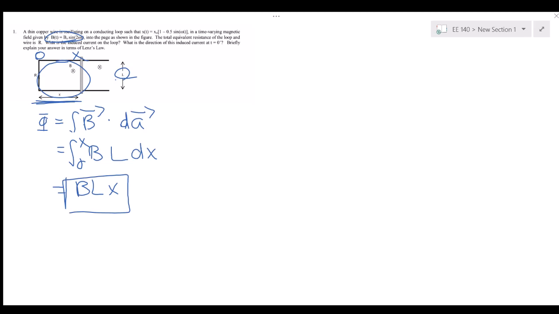Next, we are going to calculate the EMF. Faraday's law states that the EMF is given by the rate of change of magnetic flux. The negative comes from Lenz's law, which states that the induced EMF opposes the change in magnetic flux, and then we're taking the time derivative of the magnetic flux.